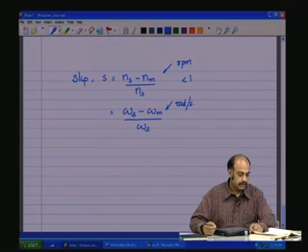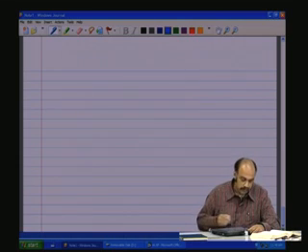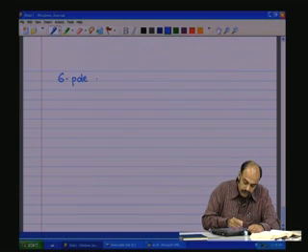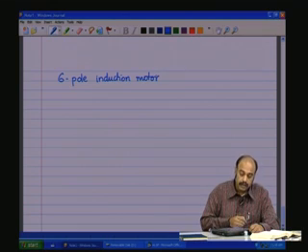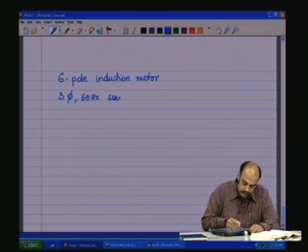Let us take a simple exercise on this from the book. So we have a 6-pole induction motor, and this is excited by a 3-phase 60 Hz source.